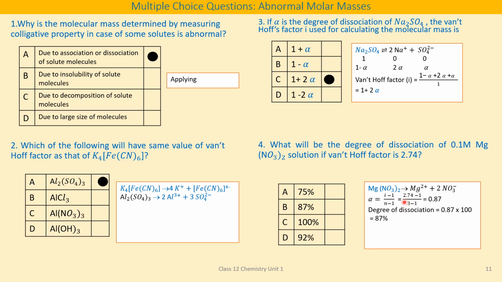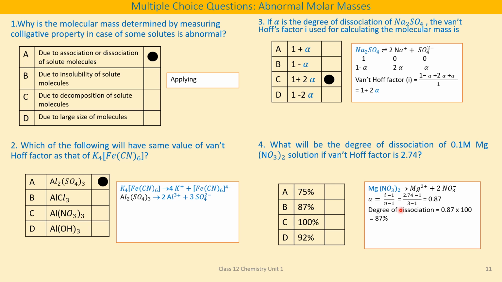Mg(NO3)2 dissociates into Mg2+ and 2NO3-. Alpha is given by the formula, which you have to remember: alpha is equal to i minus 1 over n minus 1.